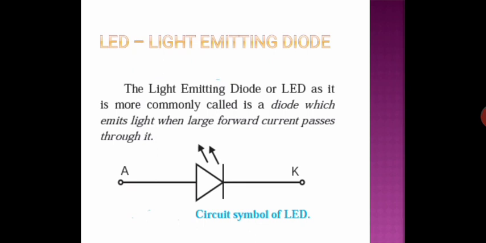Now we have to study another type of diode, that means LED, that means light emitting diode. The definition of light emitting diode is that the light emitting diode or LED, as it is more commonly called, is a diode which emits light when large forward current passes through it. The symbol of LED is as shown in figure.